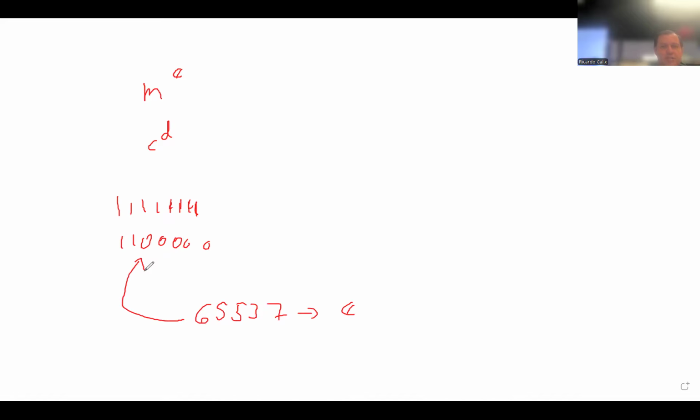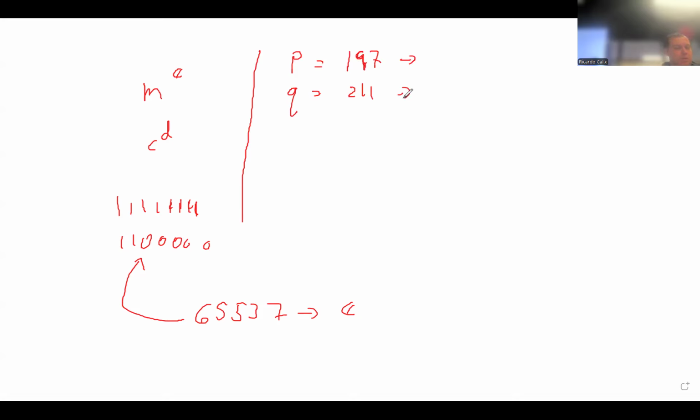So let's imagine the scenario where we have p and q. p and q are going to be 197 and 211. In this example, we can represent these as binary.